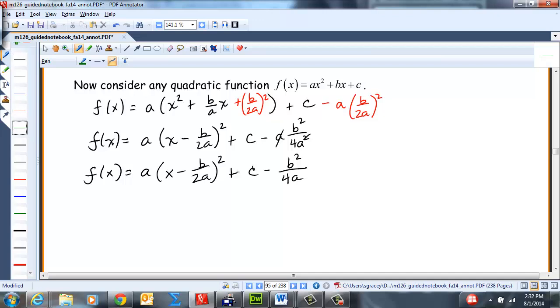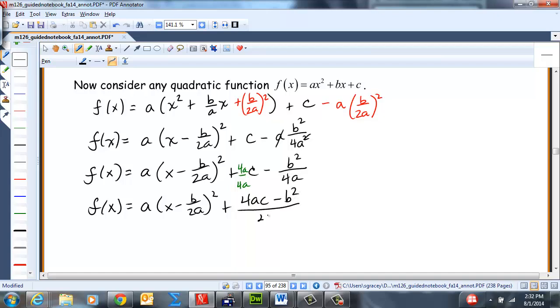Getting a common denominator of 4a for the last two terms, we will have f of x equal to a times the quantity x minus b over 2a, squared, plus 4ac minus b squared all over 4a.